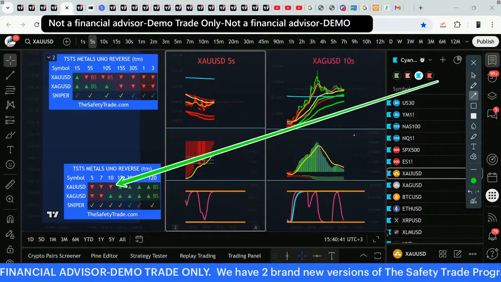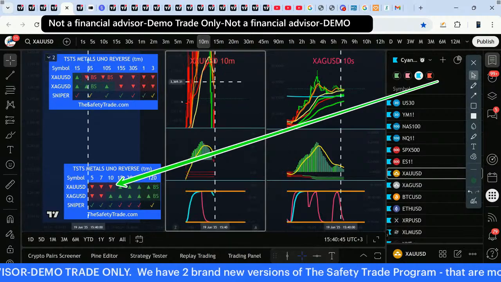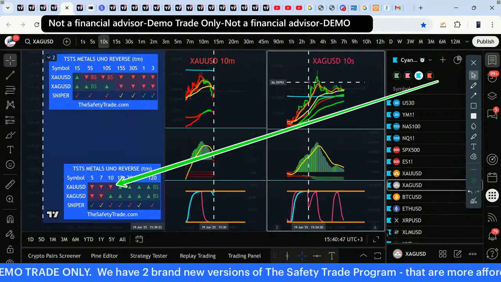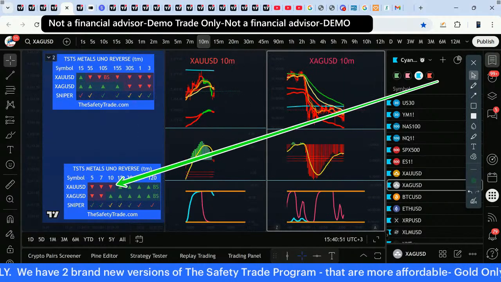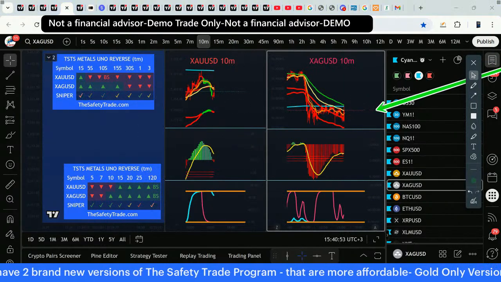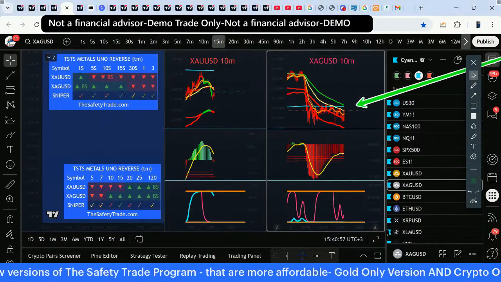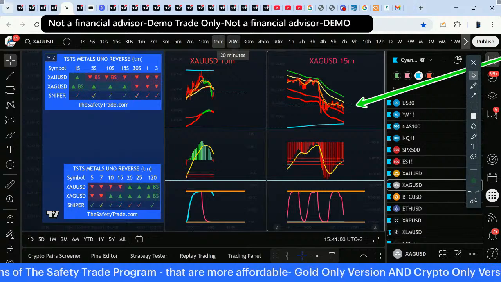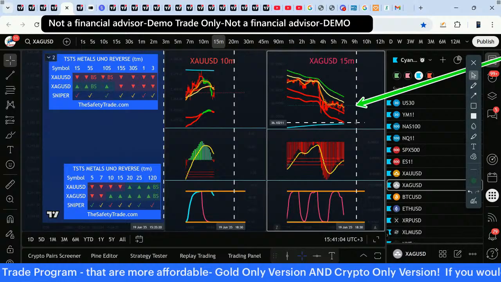And now we want the 10 minutes. Let's go over here to the 10-minute and see what it looks like. And 10-minute is a buy stop. Silver is slightly above its 10-minute. Let me go to the 15-minute. Sell stop silver to the 15-minute blue line, $36.